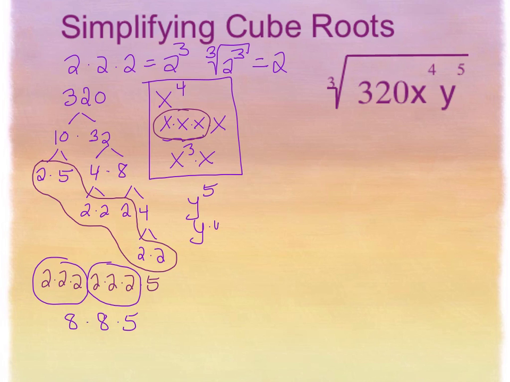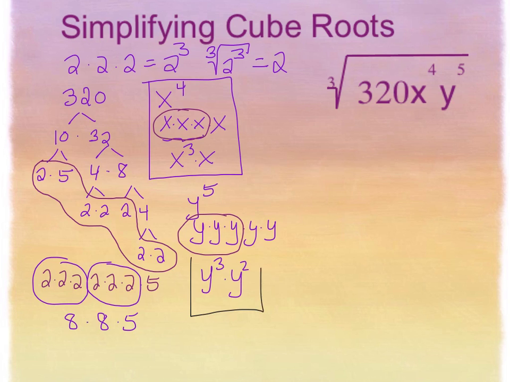That's 5 y's multiplying out. And our perfect cube would be 3 of them. So we have y cubed times y squared. Alright, so we can represent 320x to the 4th power times y to the 5th power as a product of these expressions, which help us spot these perfect cubes.